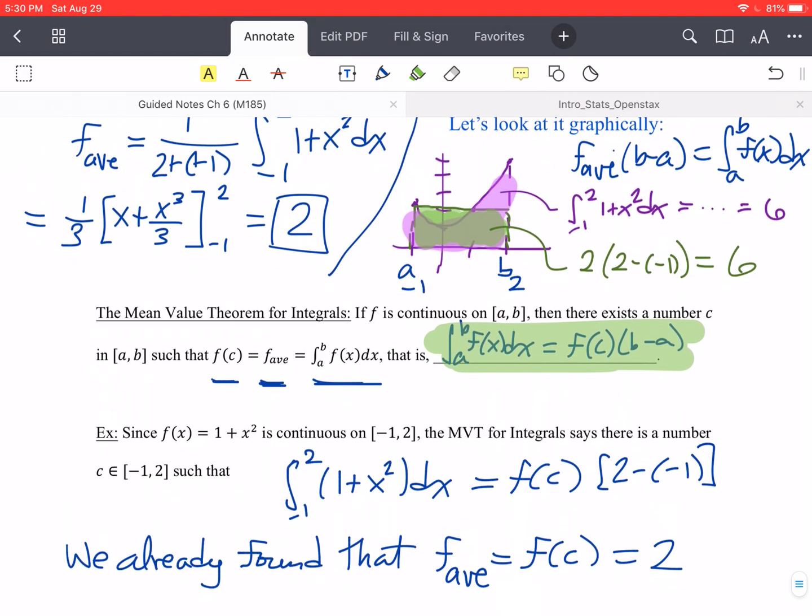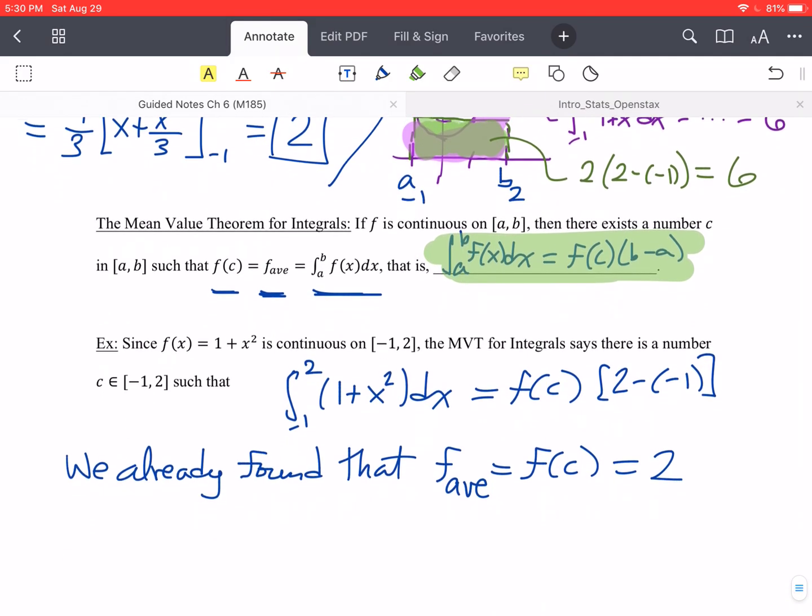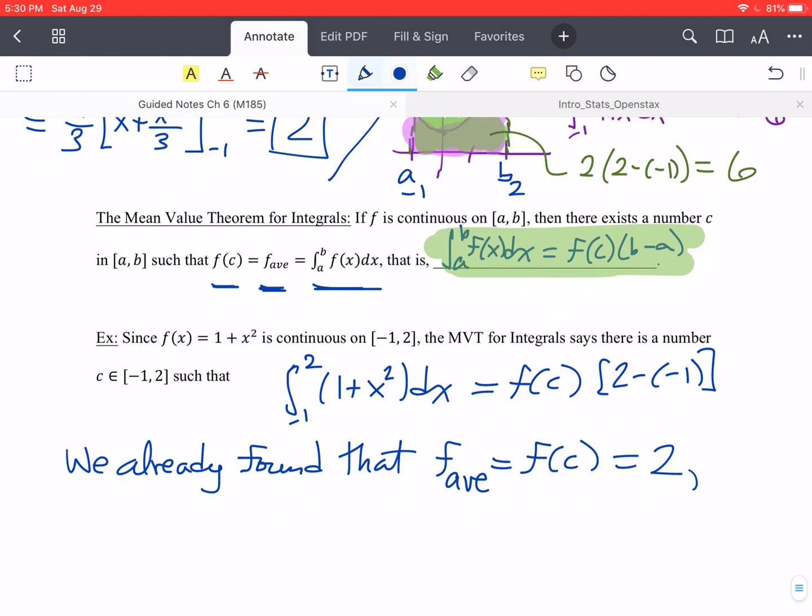That's our boxed answer, 2. So f of c, which is just this function f of x but using c instead of x, is 1 plus c squared. That must equal 2, because of this right here.